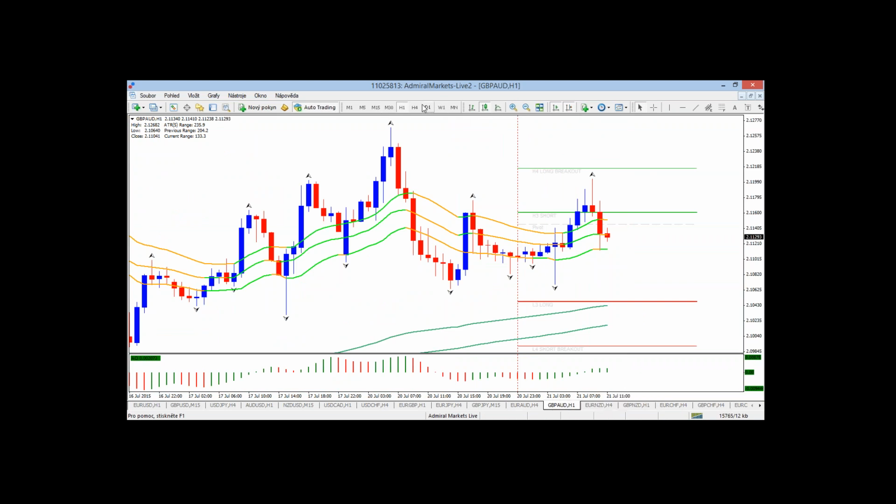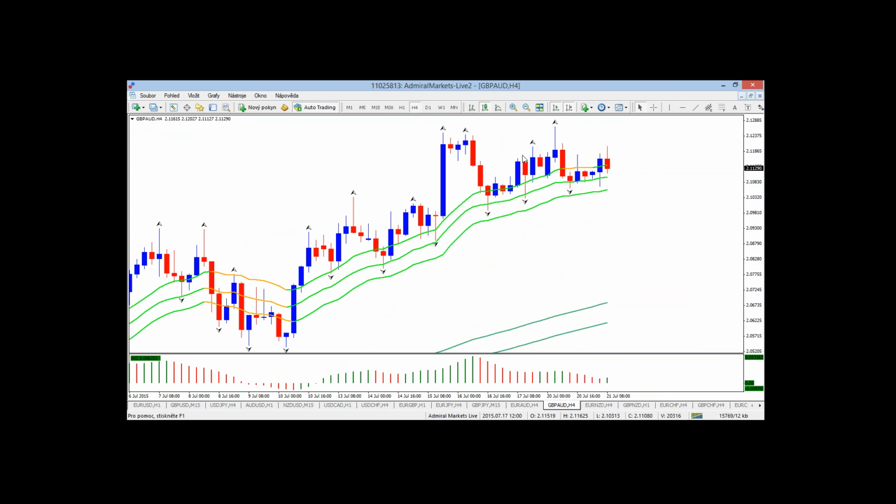Pound Aussie, I would be cautious with the pound Aussie at the moment. I would not trade it to the upside, probably not to the downside either, unless it really is able to, I don't know, close. I would not take a pending order. I would keep an eye on it.